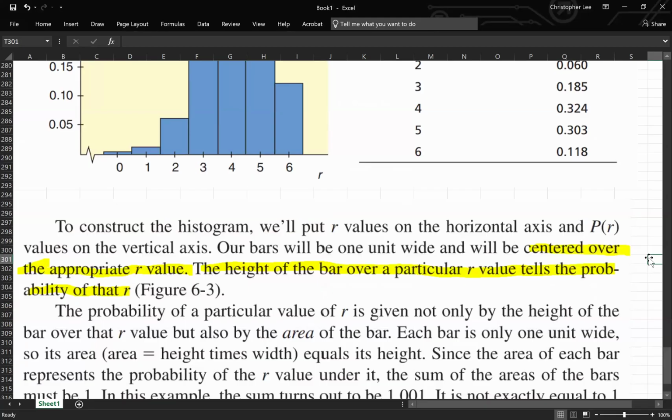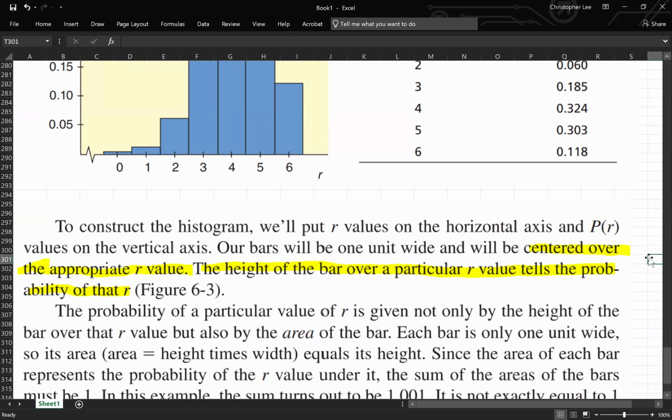The height of the bars over the particular R value tells the probability of that R, all right? The probability of a particular value of R is given not only by the height of the bar over that R value, but also by the area of the bar.